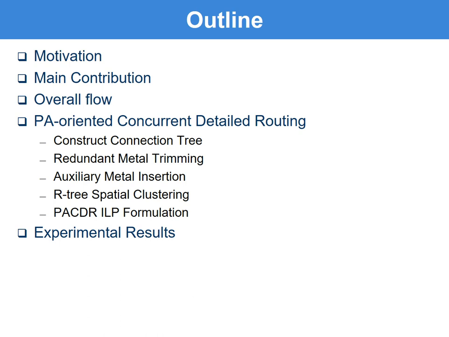I will also cover the PACDR ILP formulation, a mathematical model used to optimize the routing process. Finally, I will present experimental results that demonstrate the effectiveness of PA-oriented concurrent detail routing.